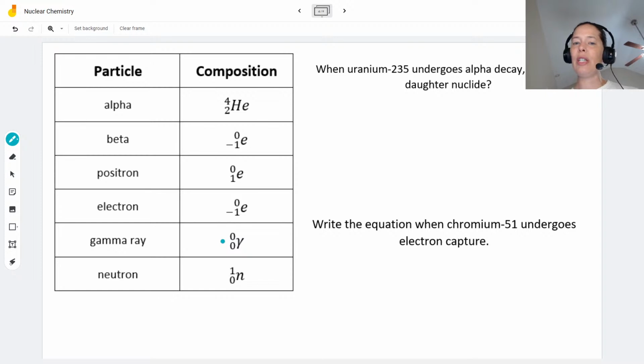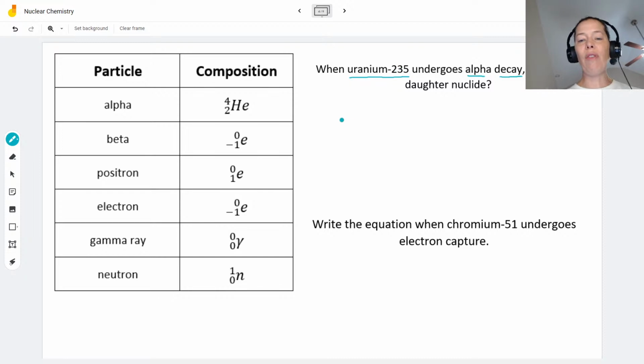So my next question is, when uranium-235 undergoes alpha decay, what is the daughter nuclide? So again, we've got alpha, so we know we've got an alpha particle. We have a decay, which means it is going to be on the product side, and we are starting with uranium-235. So again, I want to write that uranium-235 not with words there, but with our symbol.